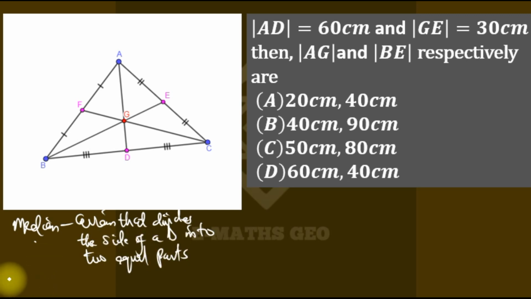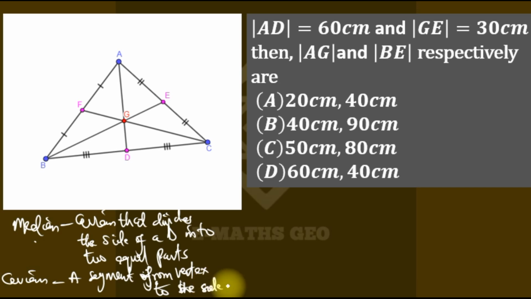And a Cevian is just a segment from the vertex to the side. So as you can see, these are all Cevians because they run from the vertex to the side of a triangle.